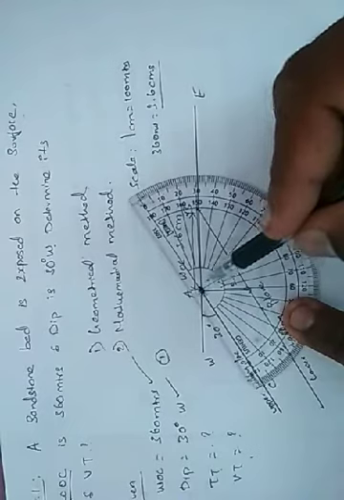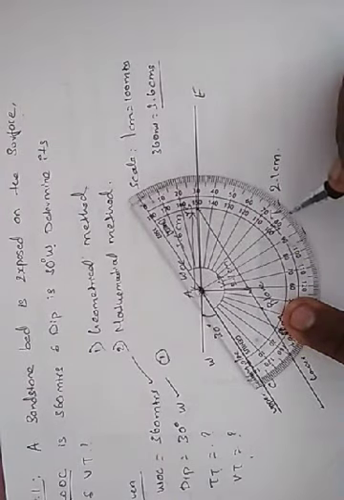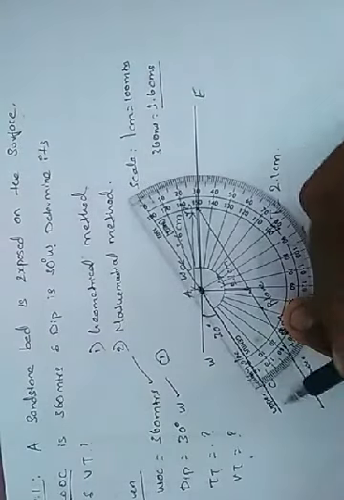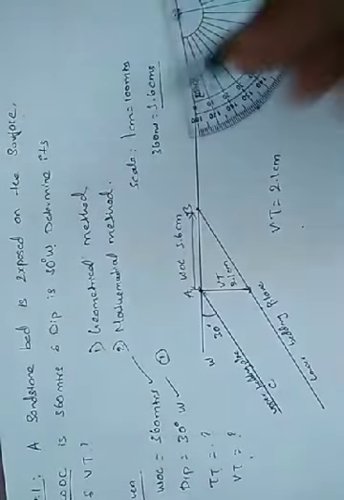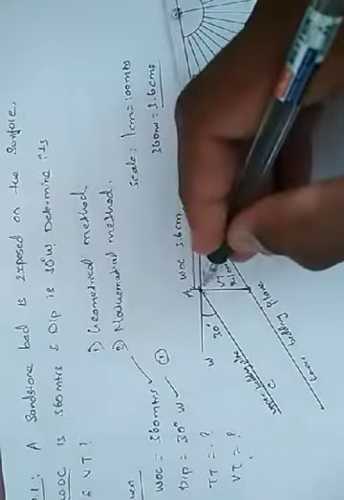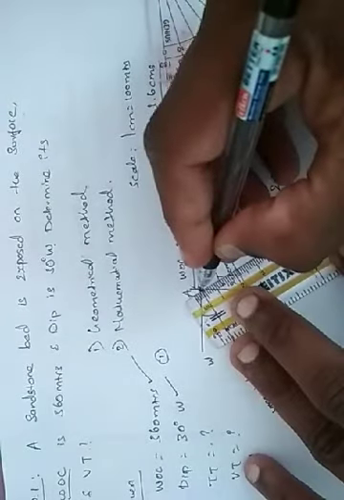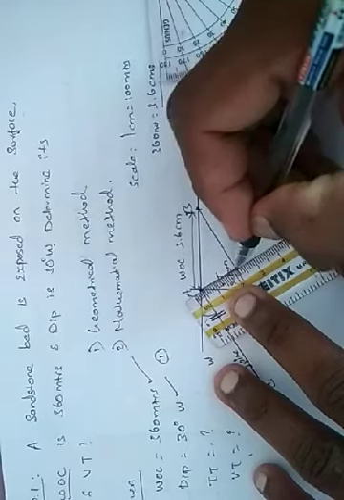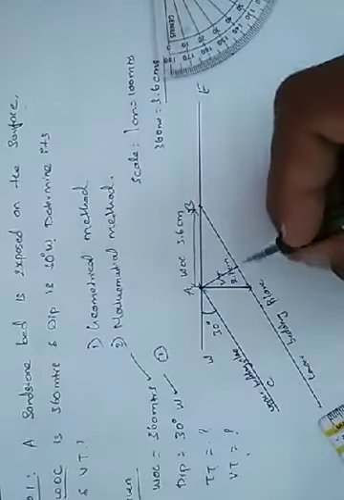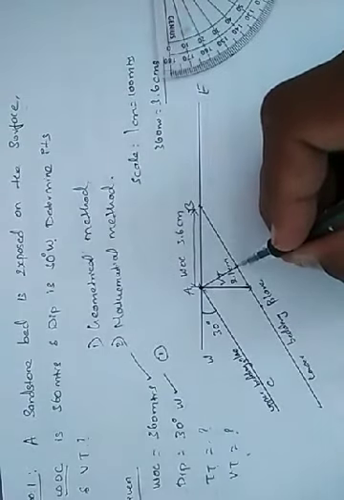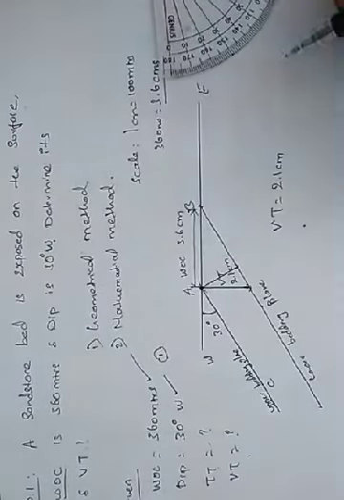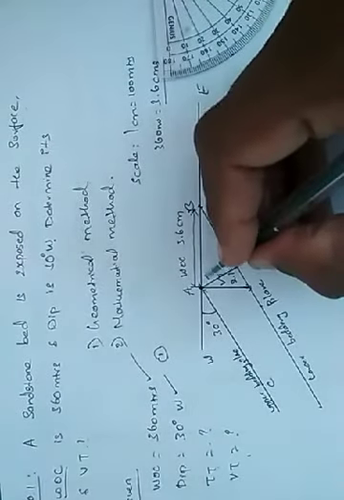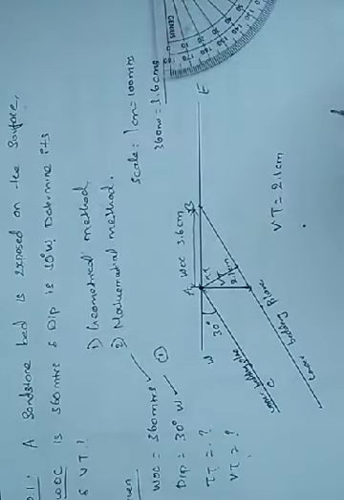So now I will mark exactly 90 degrees to get a perpendicular line to this bedding plane. So now I will draw the line here and I will stop that line at the lower bedding plane. So now this is our TT, true thickness.